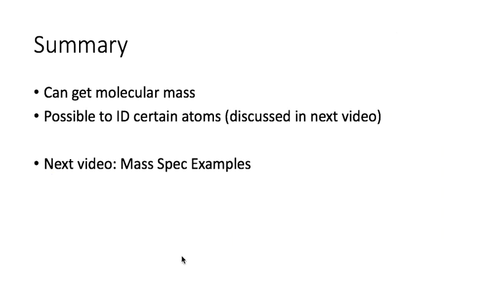So I'm going to give a summary right now of the basics, and then I'm going to go to another video where I'm going to have examples, and at that time I'll talk about specific kinds of molecules you can identify. You can find the molecular mass, which is huge, and it is possible to ID certain atoms.